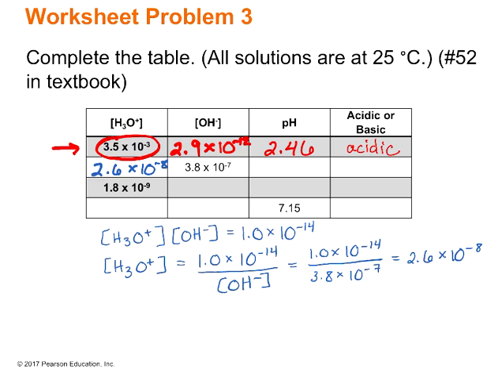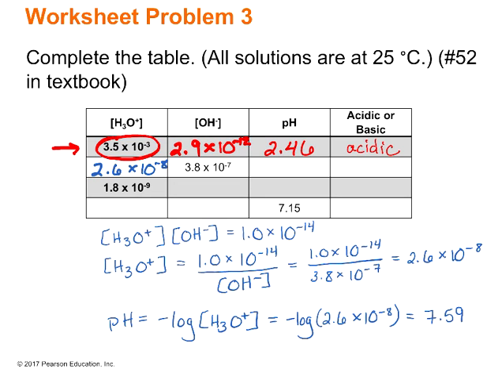And now we have the concentration of hydronium ions, so we can calculate the pH. And the value that we should get is 7.59.